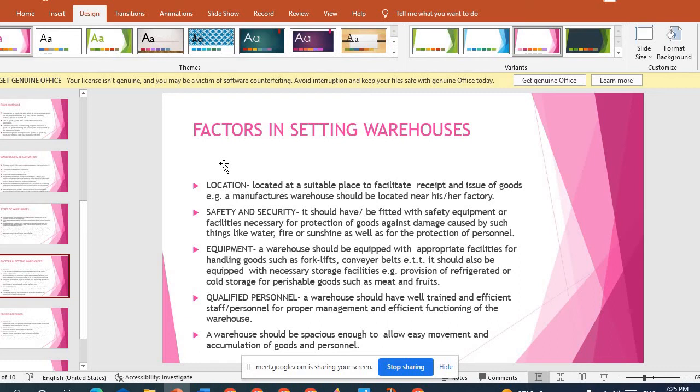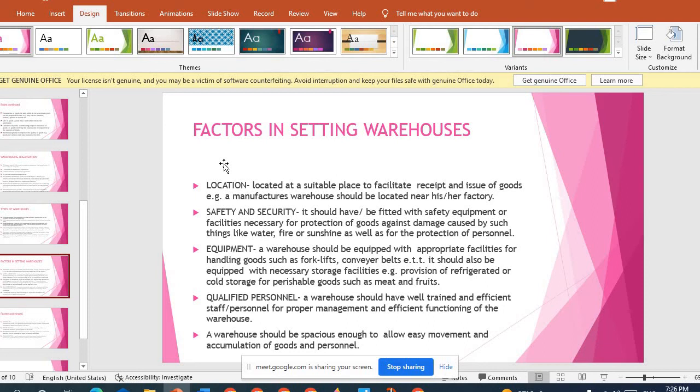Then equipment. You should ensure that the warehouse has appropriate facilities for handling goods, e.g. forklifts, conveyor belts. It should also be equipped with necessary storage facilities like shelves, pallets, and others. Then if it's a warehouse for perishable goods, it should have refrigeration and air conditioning. Then qualified personnel.